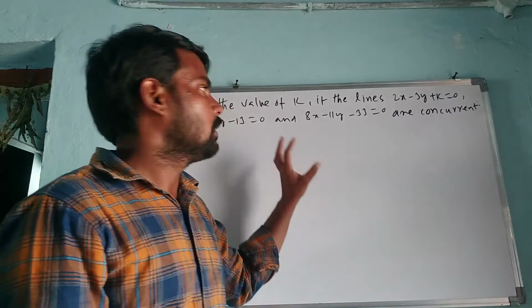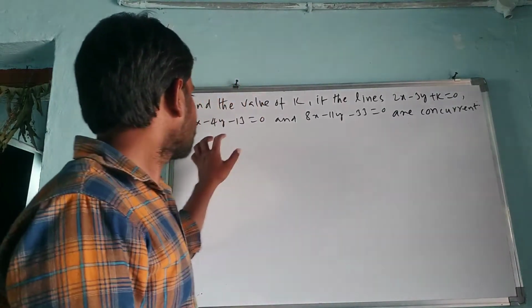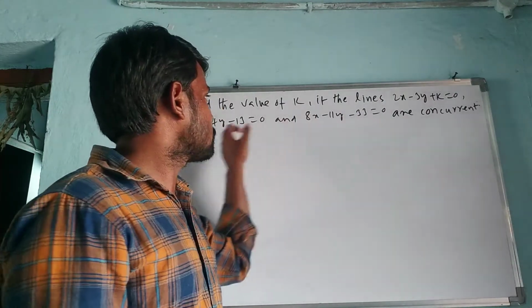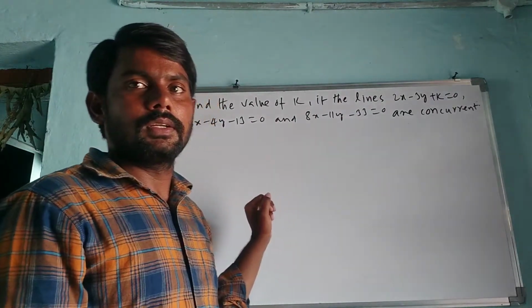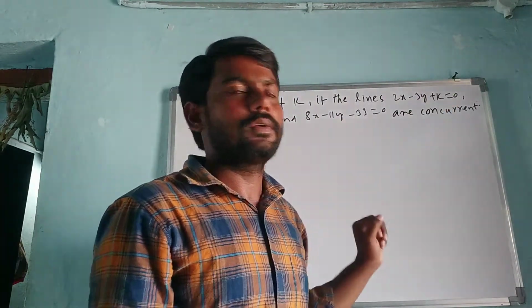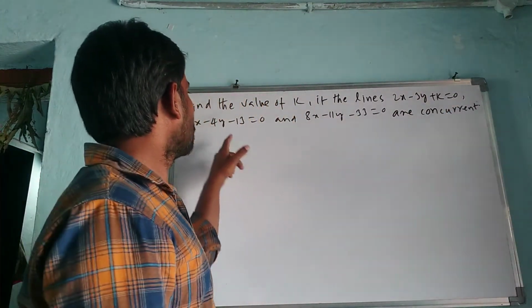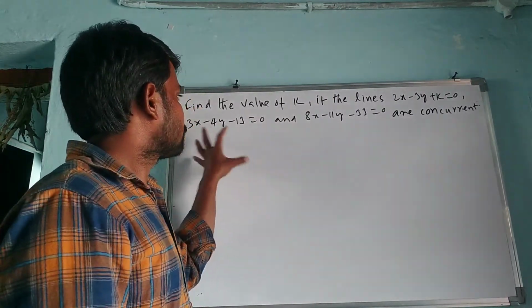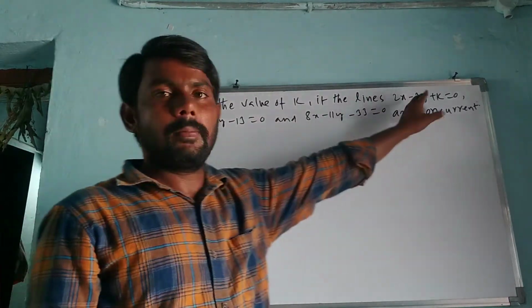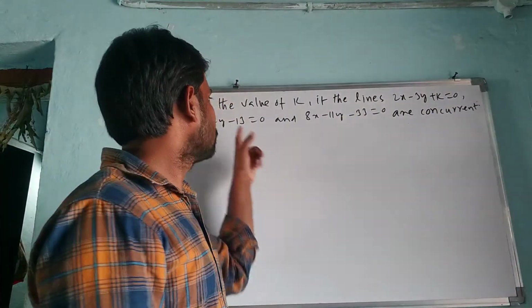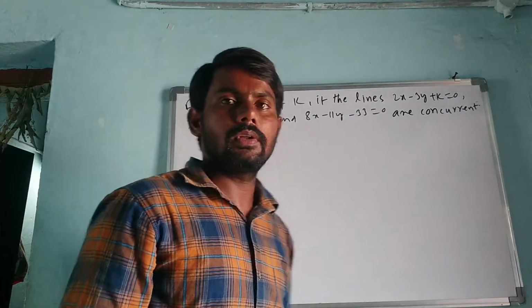So that's why the point of intersection of these two lines is also a point of intersection of this line, and it will satisfy the equation. So let's find out the point of intersection of these two lines.